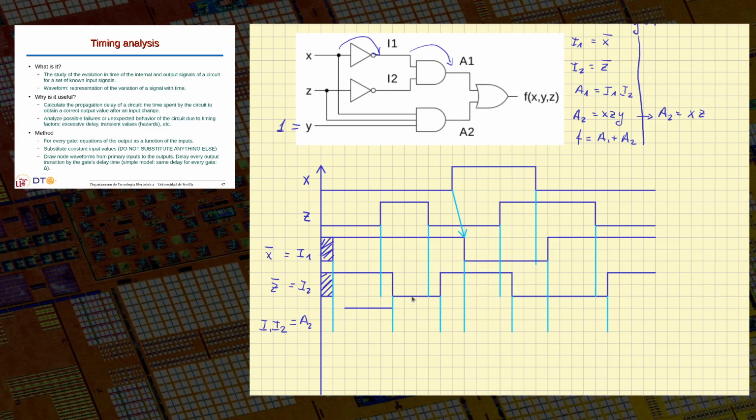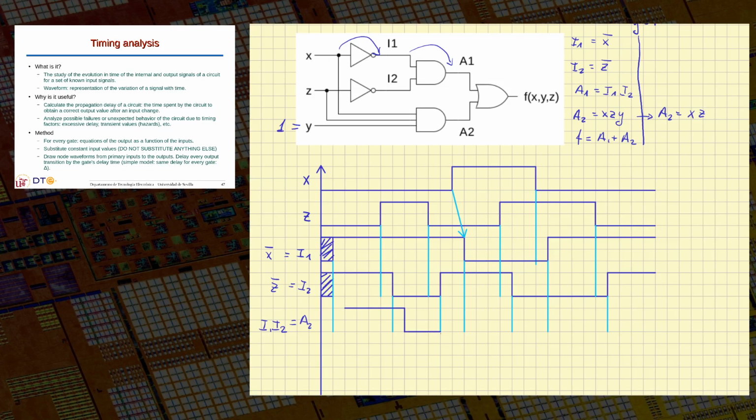So here, for example, I see that I have a change from 1, 1 to 1, 0. 1, 0, the AND operation will make a 0. So the next value will be a 0, but it will not happen immediately, but a delta after. So I wait the delta, and the change is a delta after. Okay. Now we move here, it's 0.